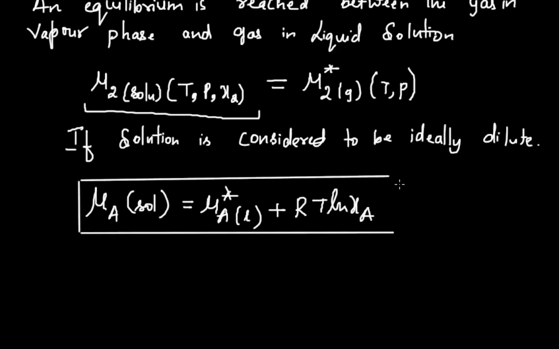That is, the chemical potential of A in a solution is equal to the chemical potential of the pure liquid plus RT ln xA.